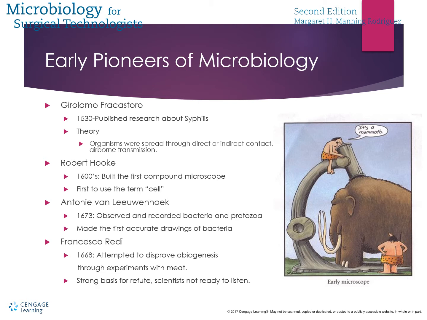However, this was the beginning of what we now call cell theory, and that all living things are composed of cells. Now, Anton van Leeuwenhoek was an amateur scientist, and he was the first to observe and record bacteria and protozoa in 1673.